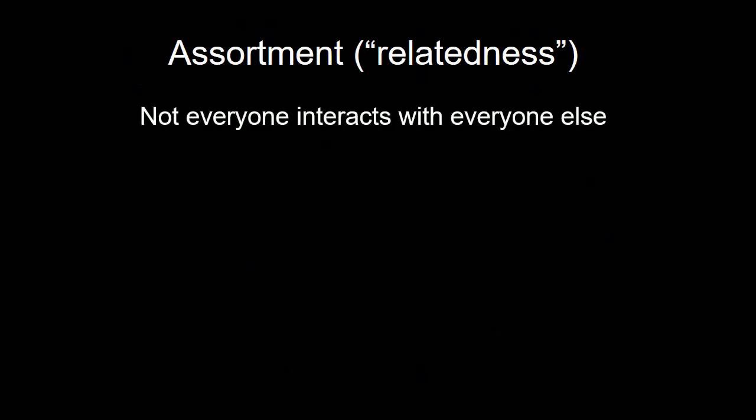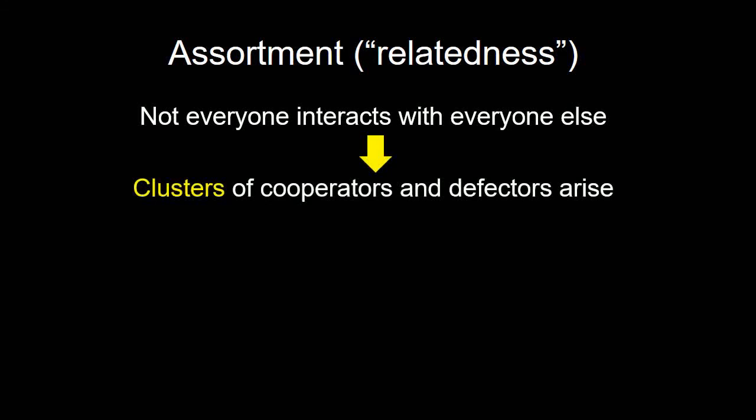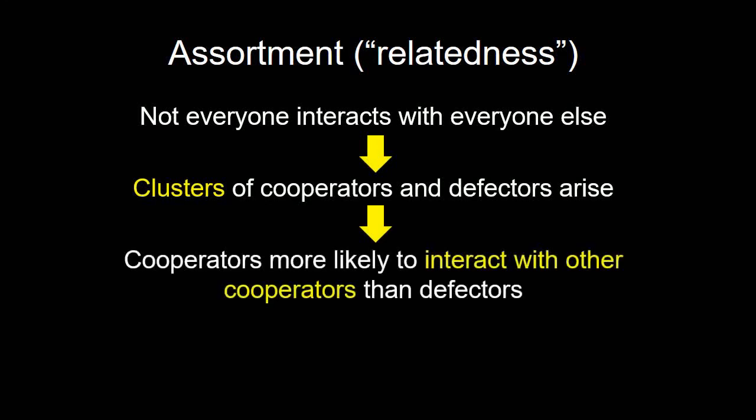And so, again, the idea here is not everyone interacts with everyone else, which allows these clusters of cooperators and defectors to arise, and that means that cooperators are more likely to interact with other cooperators than with defectors, because if you're in a cluster of cooperators, you're going to play with other cooperators.